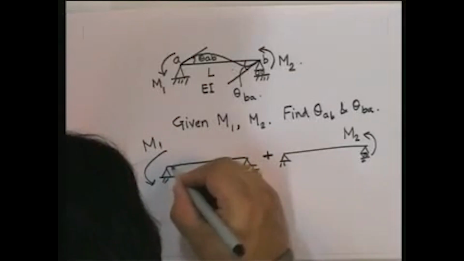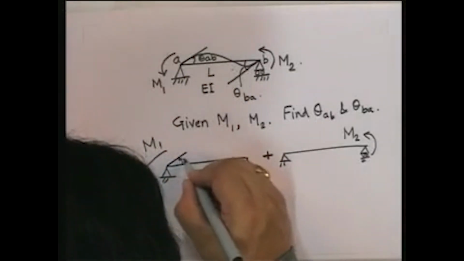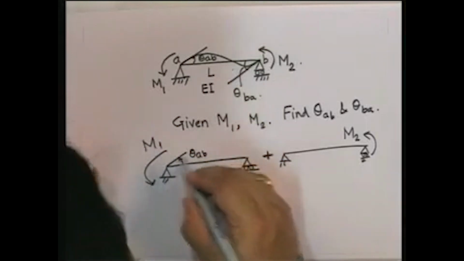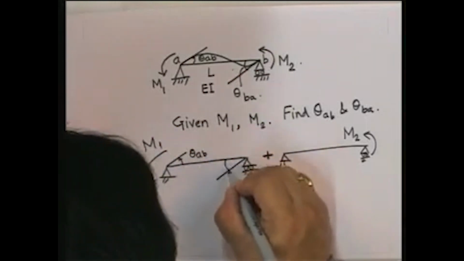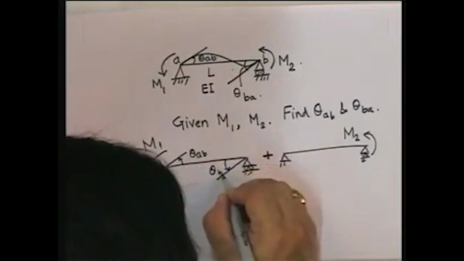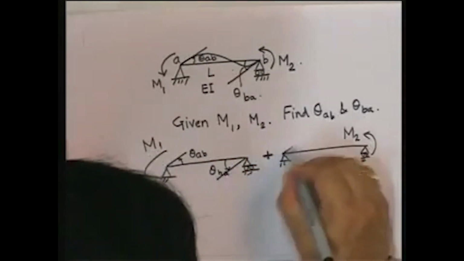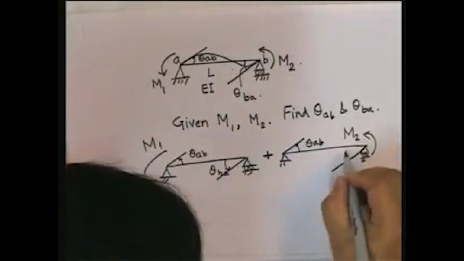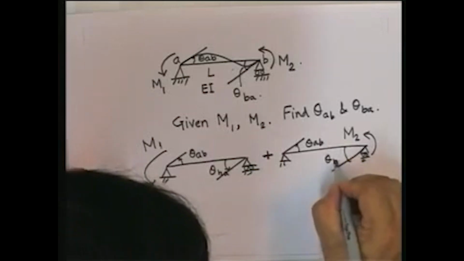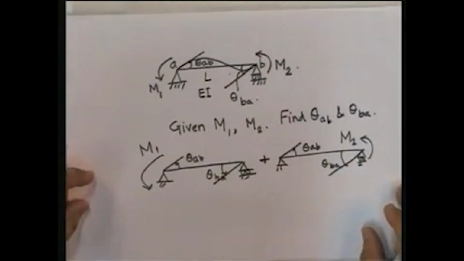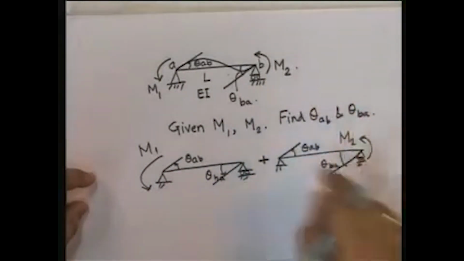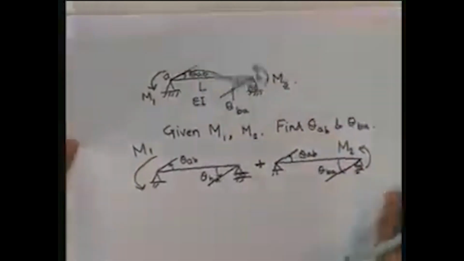I want to find out how much, and note that theta AB also I define as anticlockwise as positive, and theta BA, similarly here, theta AB, theta BA, and once I find out in each case, I add the two up, I get these theta ABs that I am interested in. So let me solve first this problem, then I will solve this problem.